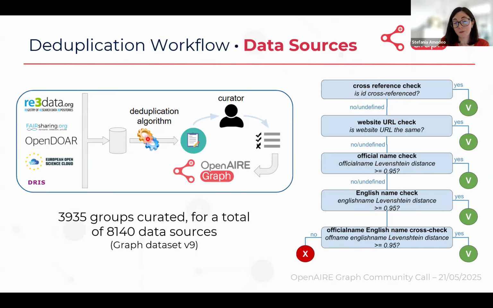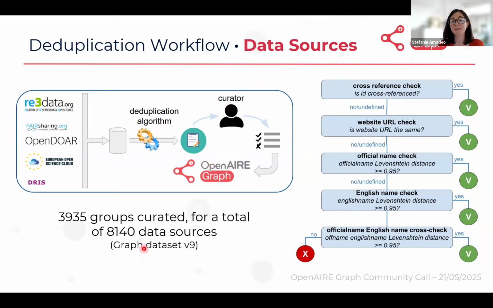Once the algorithm has provided some suggestions on possible candidates, there is the additional phase where curators approve and check if the sources being compared are duplicates or not before ingesting into the OpenAIRE graph.